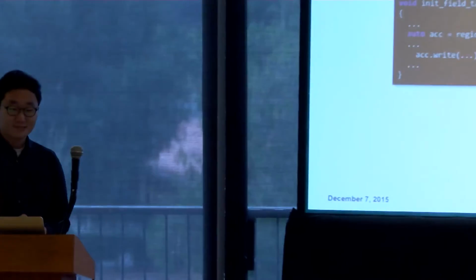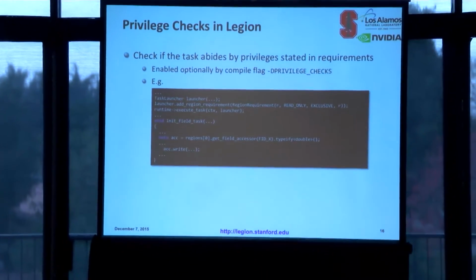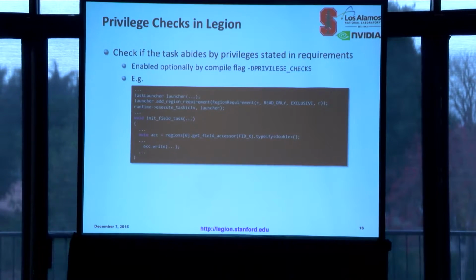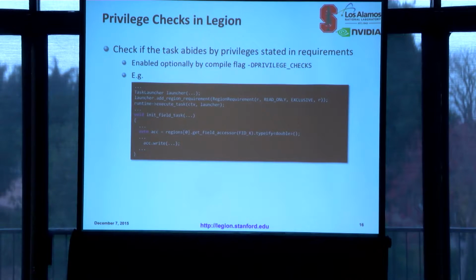And the second type of check is privilege checks. In Legion, we use a C++ API, so there's no way for the compiler to know whether the task body is actually abiding by the requirement that it requested.